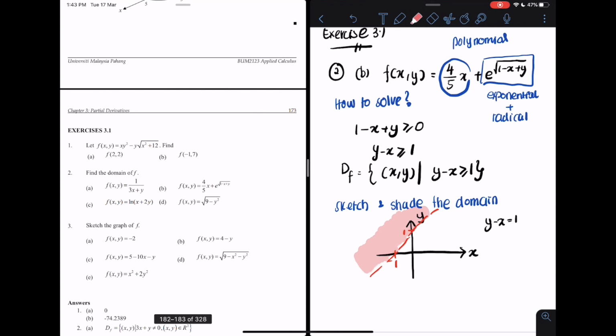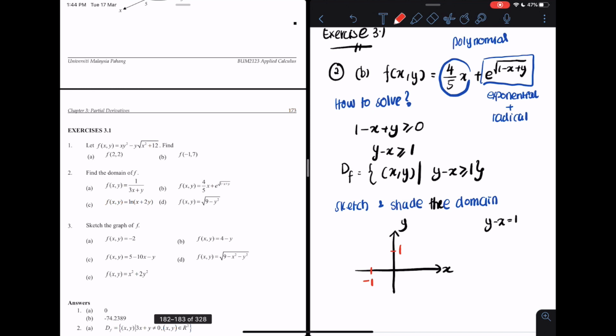Basically the shaded region tells you that you can choose any points on this. I believe I made some mistake, so let me correct it first. Let me sketch the axes first, y versus x, where the y intercept is 1 and the x intercept is negative 1.